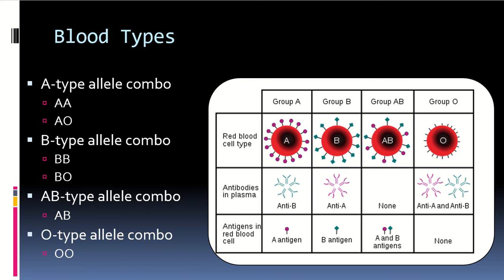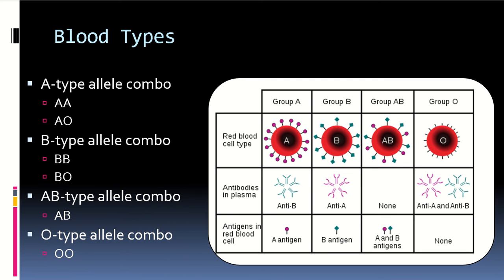Now, a rare type of blood is type AB. This is because A and B alleles are equally dominant. Therefore, if you inherit an A from one parent and a B allele from the other parent, they will both encode their traits.